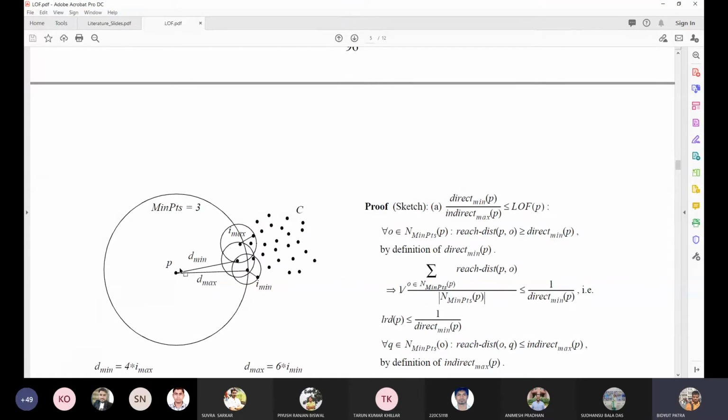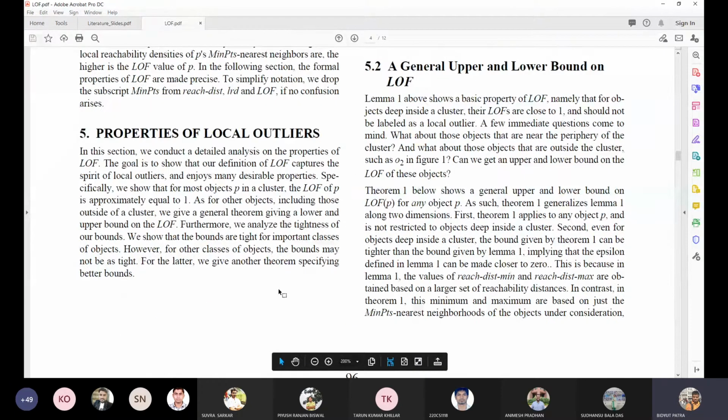Then the first task is you compute its nearest neighbors. So what are the nearest neighbors of this point? This is a nearest neighbor, this is a nearest neighbor, this is a nearest neighbor. So 3 nearest neighbors. Now you go to the formula here.